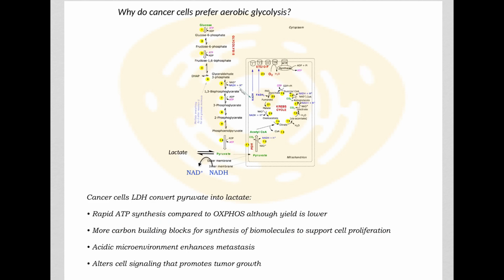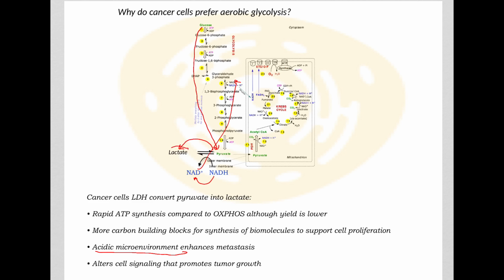Now, a third suggestion by scientists is the acidic microenvironment. Glycolysis, as we mentioned, produces pyruvate, but this pyruvate has to be converted into lactate so that the NADH becomes NAD, and this NAD can be used in reaction number 6 to sustain glycolysis.